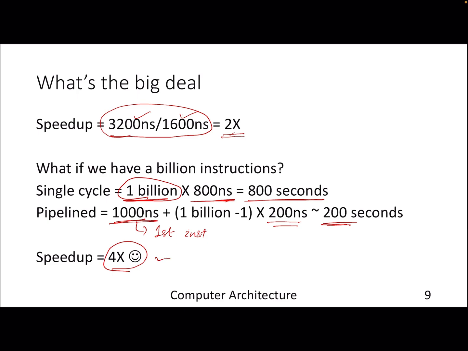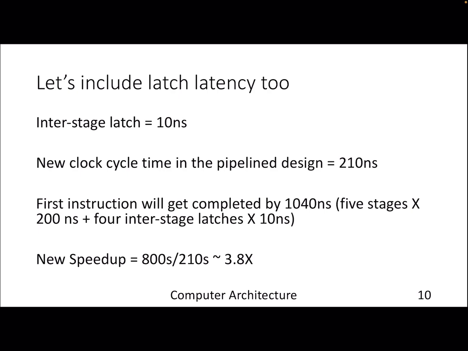Another thing we should keep in mind, as I have mentioned, is that in the pipeline design you will find interstage pipeline registers or latches. We should include the latency coming from the latch. So let's add 10 nanoseconds for the interstage latch. Now the new clock cycle time in the pipeline design will be 210 nanoseconds.